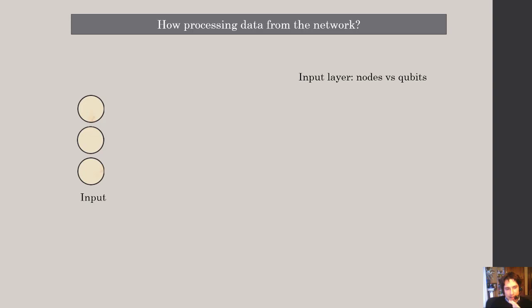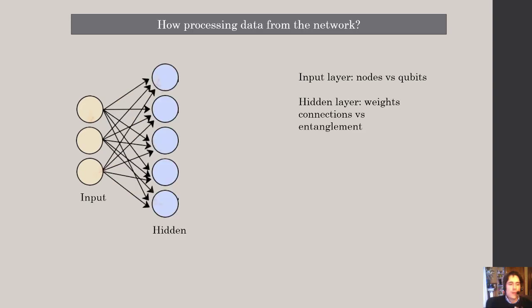So this layer will tell another layer that there are neurons to interact with. So we have to do something with them to produce an output. And that is the job of the hidden layer. This layer makes interactions based on weight connections on nodes, whereas the interaction is based on entanglement on qubits.